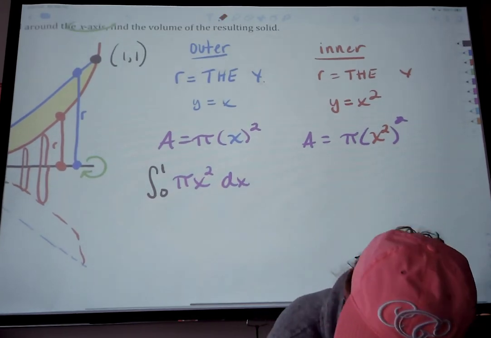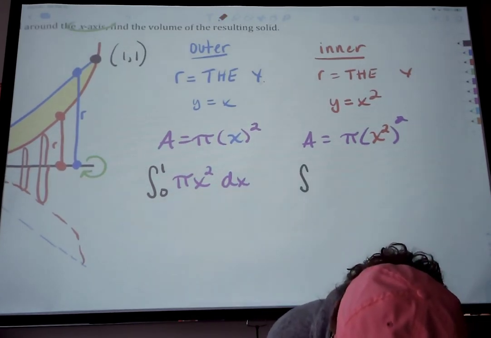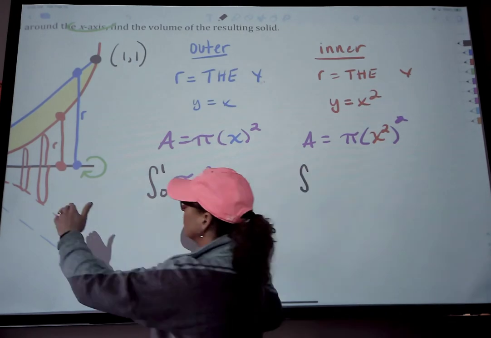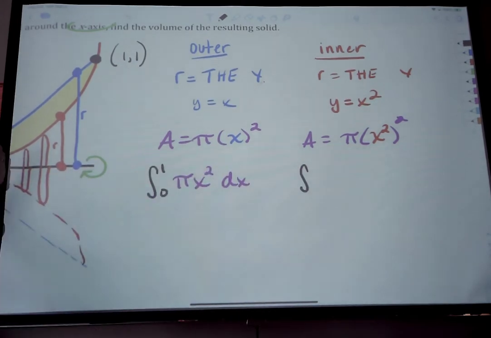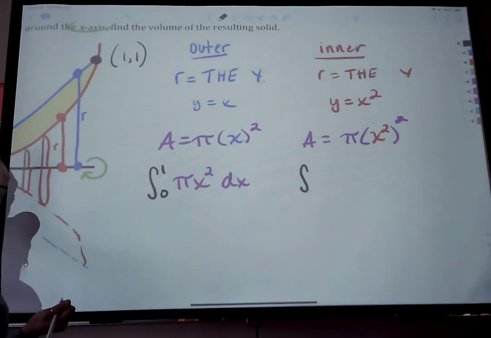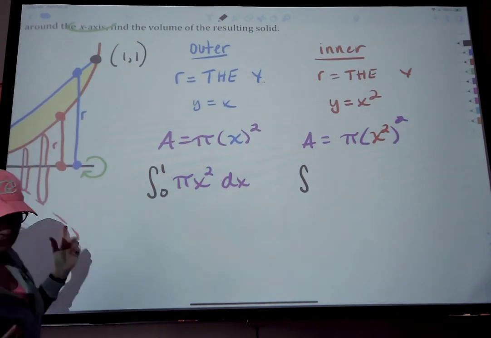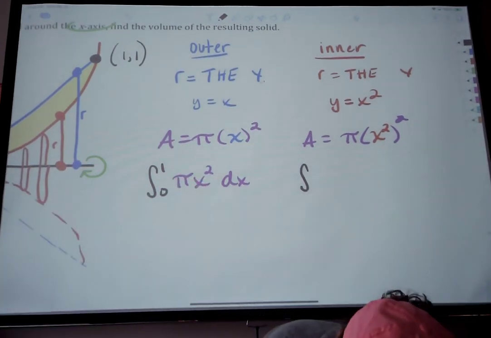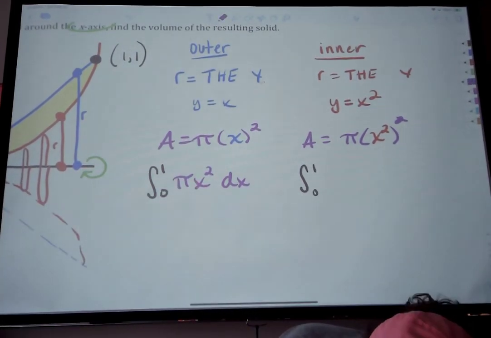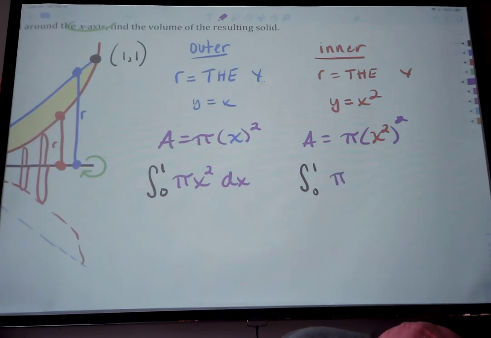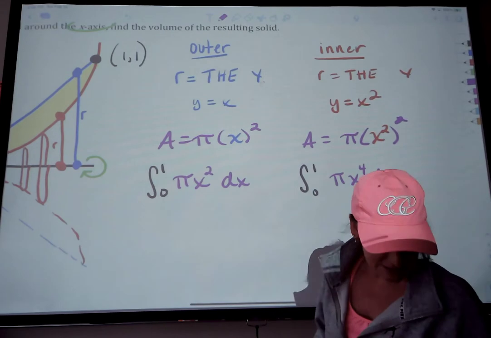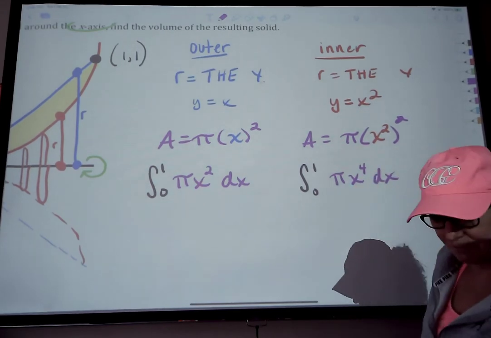All right, let's set up an integral to send the red around. So again, the red is going to start at the origin, the plates stack. They're just different size plates is all. We're using a different radius. That's all we're doing. So we're going to go from 0 to 1. Each plate is going to be pi x to the 4th. And the thickness of each plate is going to be dx.